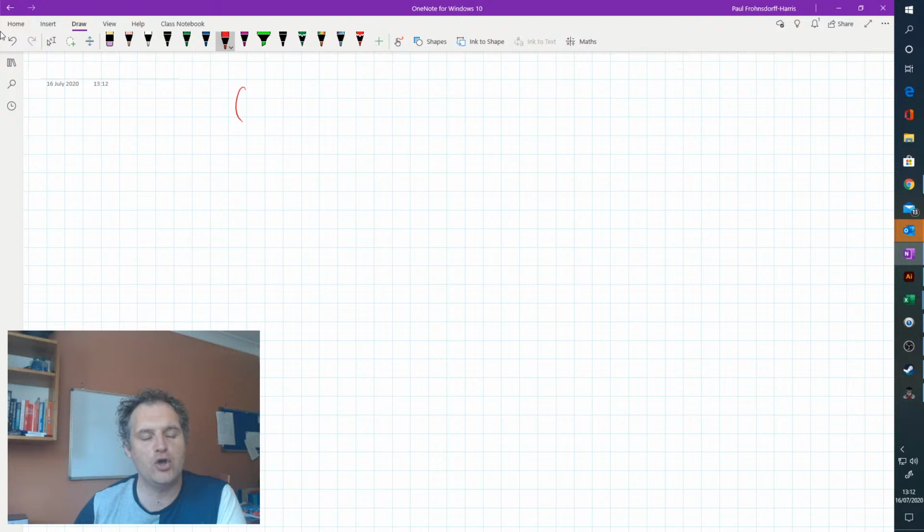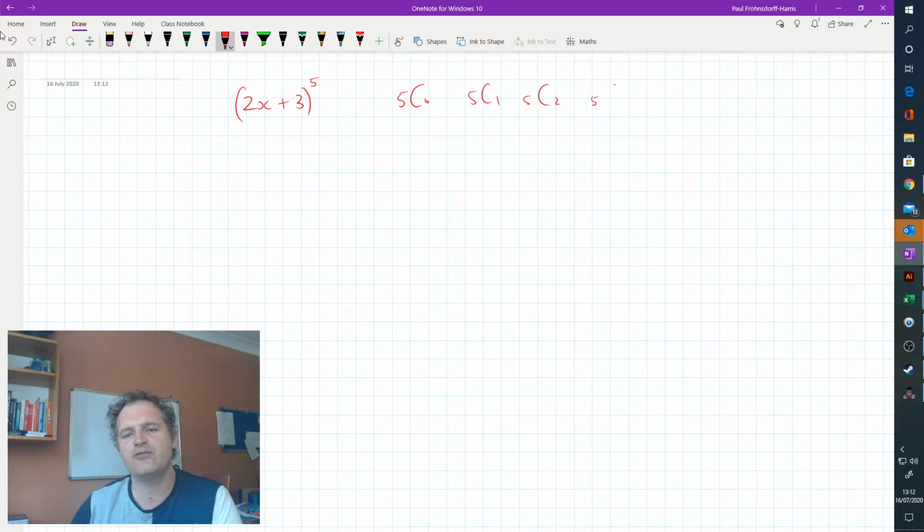So it could be 2x plus 3 to the power 5. Now we could expand the brackets manually, but they would take us a long time. And this method allows us to expand the brackets very, very fast. So I know I'm going to need 5c0, 5c1, 5c2, 5c3, 5c4 and 5c5.